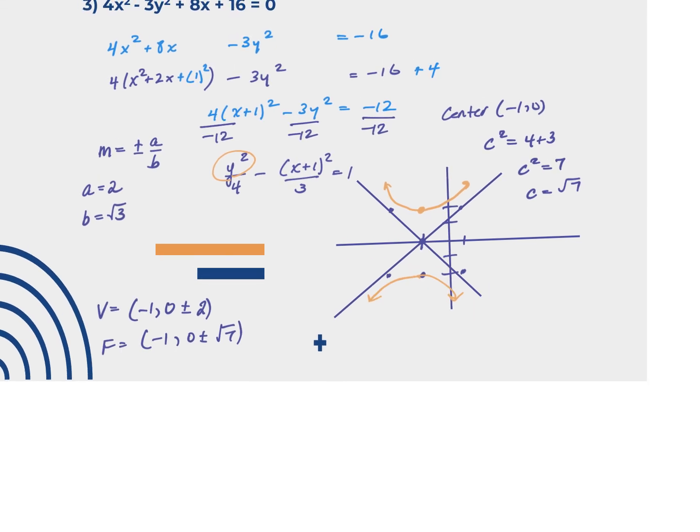So it's going to be y minus 0 equals m, and then x plus 1. So you can literally take that from here, okay, because they both run through the center. So whatever the center is, and then we said that the slope was a over b, so it's 2 over root 3. So you get y minus 0 equals plus or minus 2 over root 3 times (x plus 1).